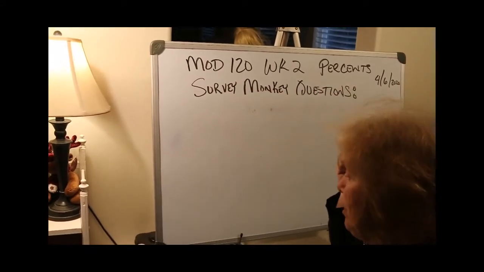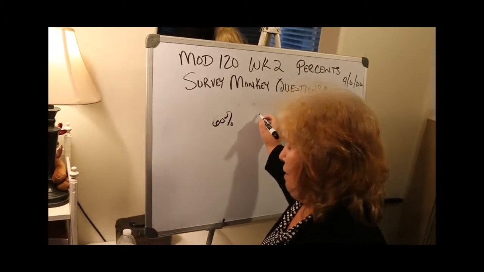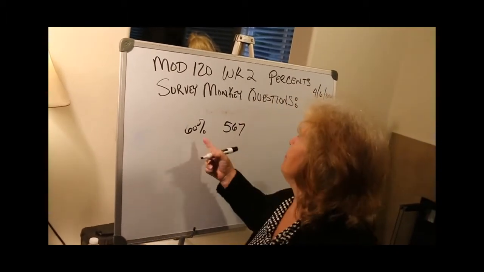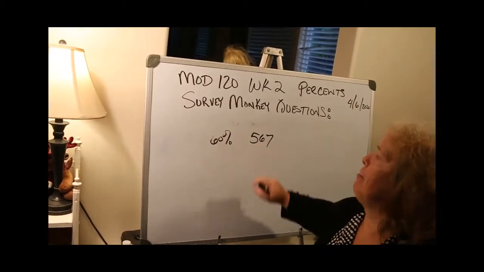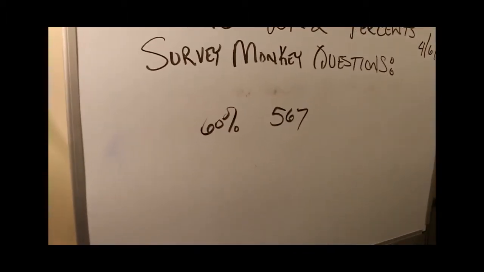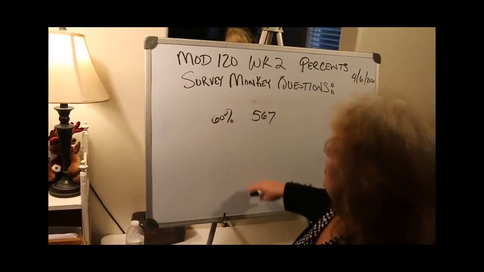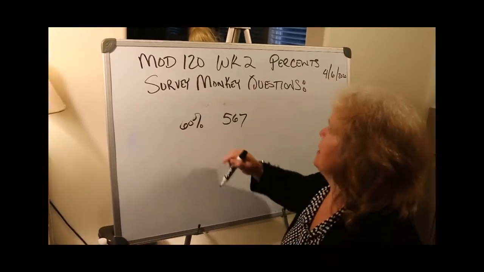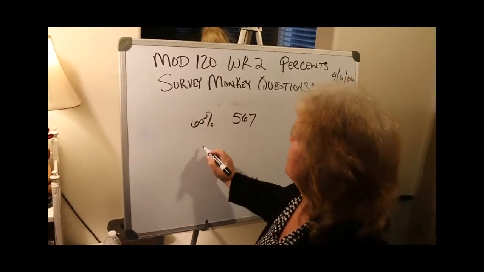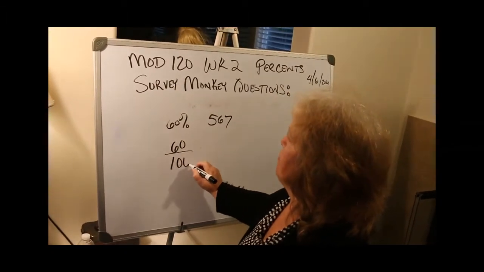All right, so now let's get to the good ones. Number 3 wants to know what is 60% of 567. Let's look at what information we have. We do have the percent, so we know that 60% is the same thing as saying 60 over 100.